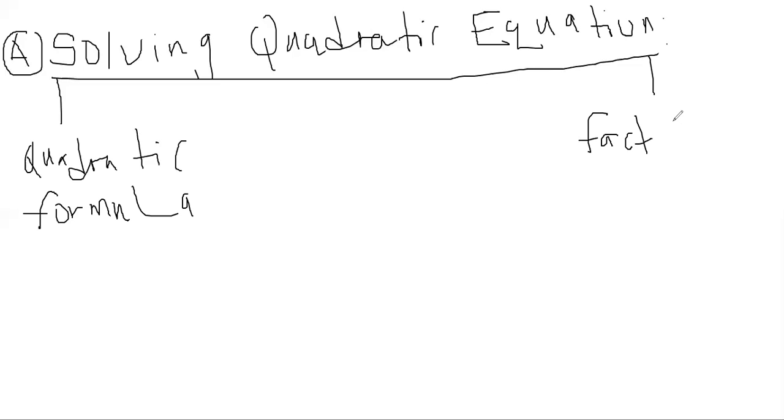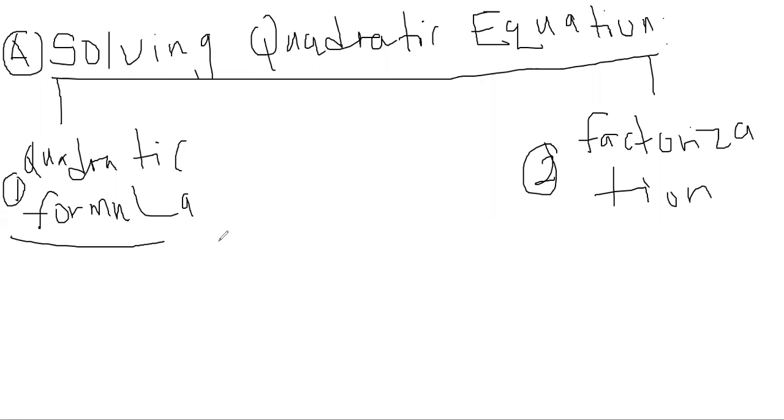We are not going to go into detail on how we derive completing the square or the quadratic formula. So this is the first method, and this is the second method. For the quadratic formula, it always works, you understand? But for factorization, with some quadratic equations, you cannot use it, it doesn't work.